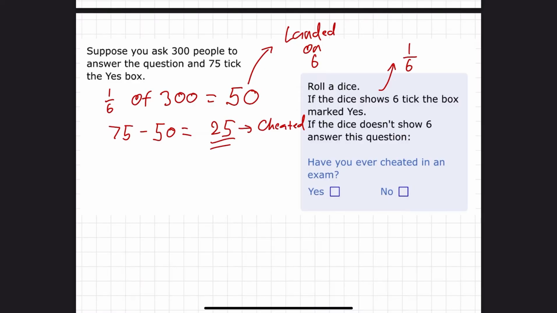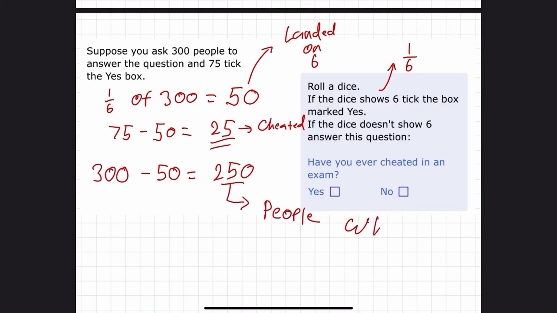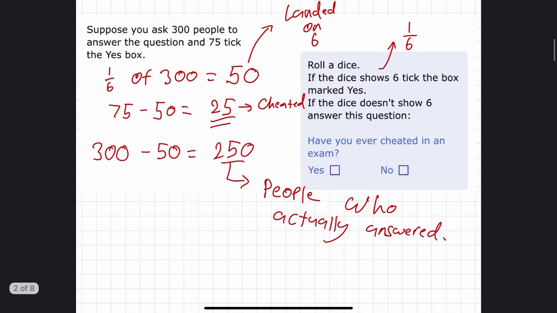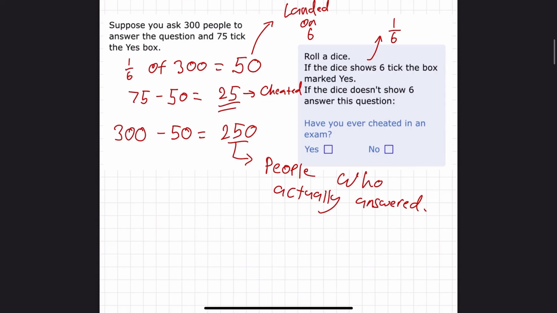So 300 is the people you've asked, but that includes the 50 who have just ticked yes. So we're going to get rid of the 50. And what that leaves us with is 250. This 250 is basically people who actually answered the question, instead of just ticking yes because they landed on a 6. What you want to do is work out the proportion of people who have actually cheated on the exam.